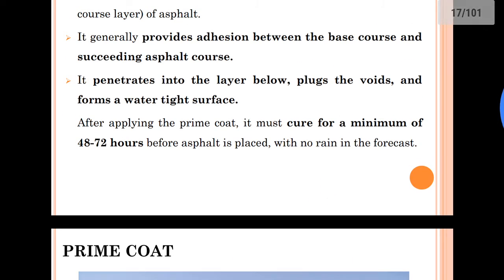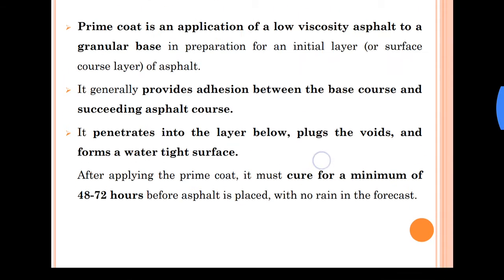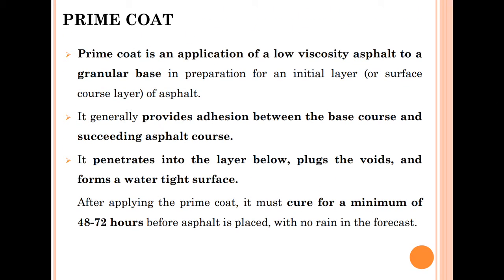Okay, so in order to avoid that, what we do, we prime the existing aggregate layer. So we apply a thin bituminous coat on top of an aggregate layer so that the voids are plugged and the bitumen from the upper bituminous layer will not enter the aggregate layer.